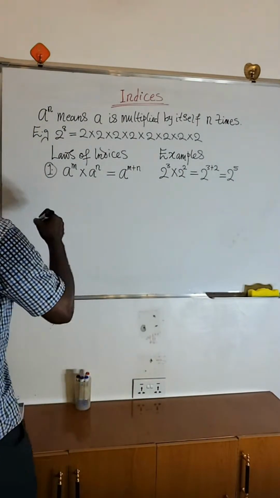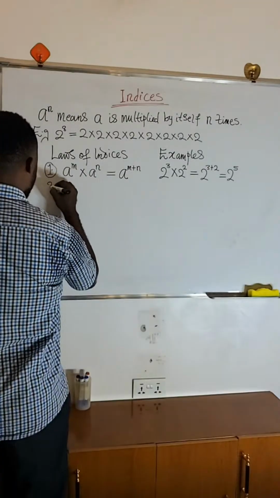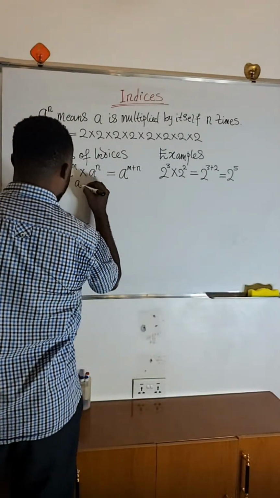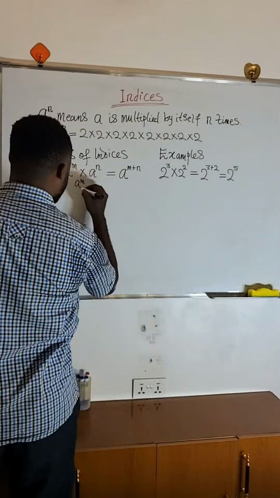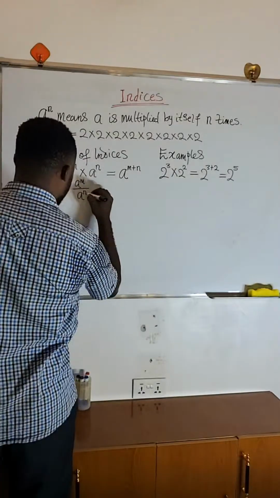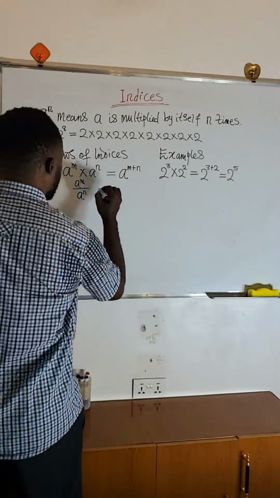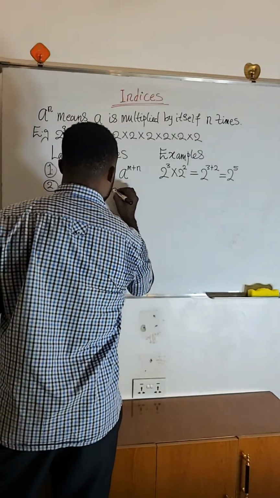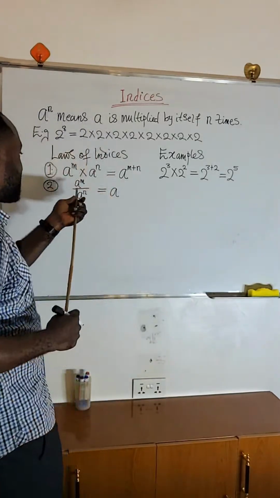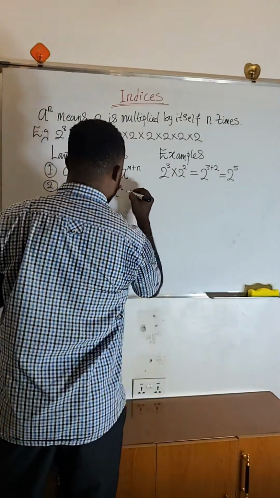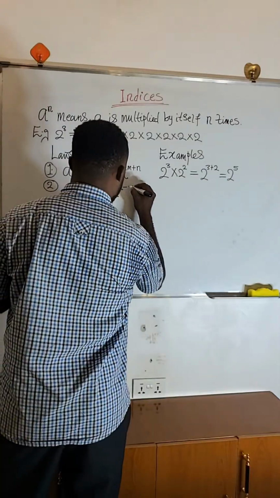Now let's go to number 2. If you have a raised to the power of m all over a raised to the power of n, this will simply be a raised to the power of m minus n.